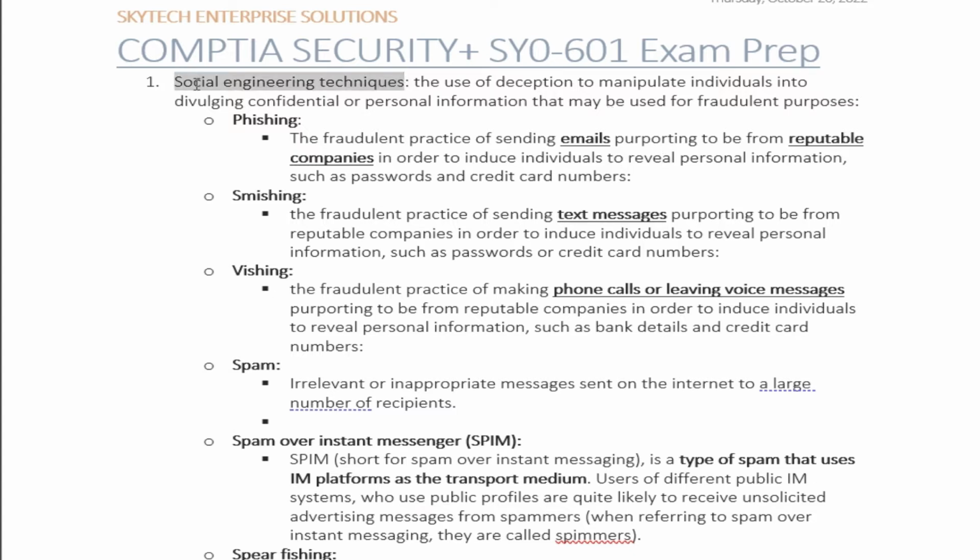The first topic here we want to look at is called social engineering techniques, right? And social engineering is pretty much the use of deception to manipulate individuals into divulging confidential or personal information that may be used for fraudulent purposes, right? So it's the use of deception.